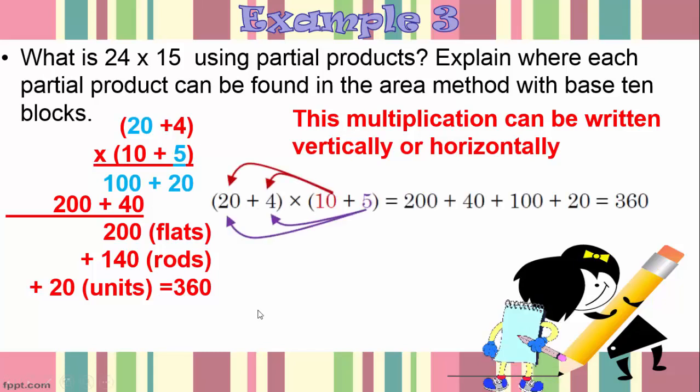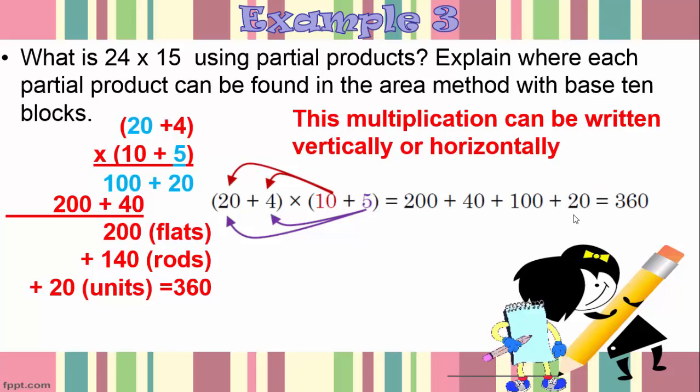We could also do this horizontally. Similarly, we would end up using the FOIL method, and we have the 200 to represent the flats, the 140 to represent the rods, and the 20 to represent the units.